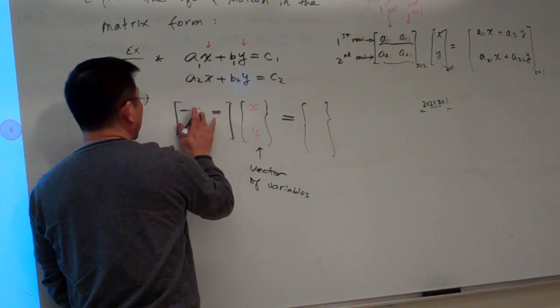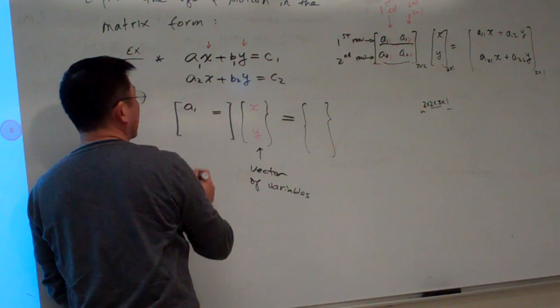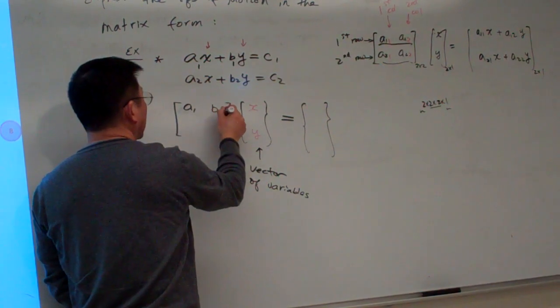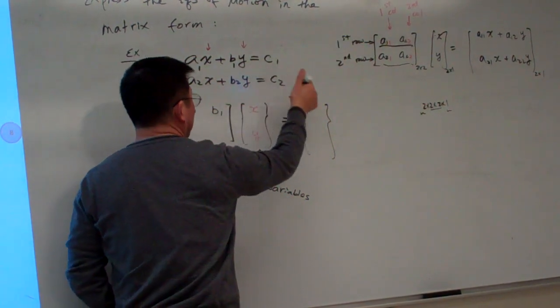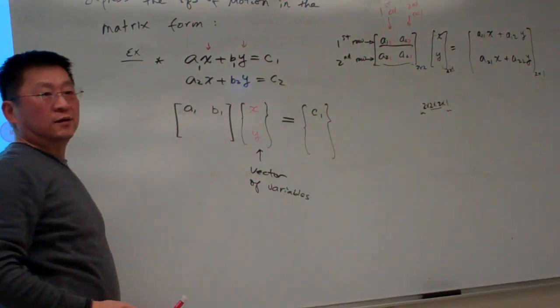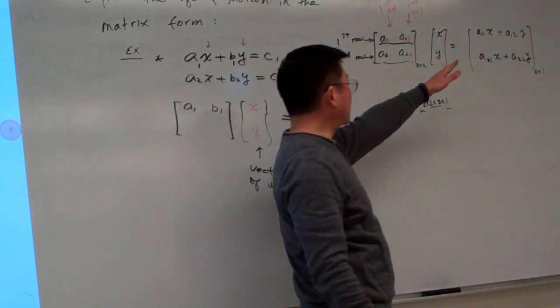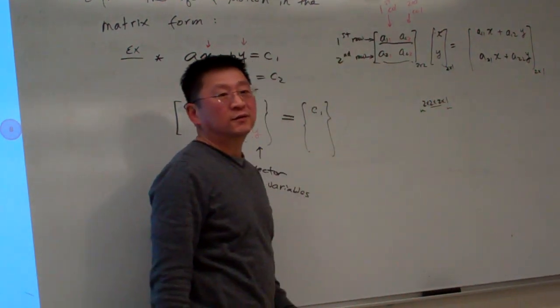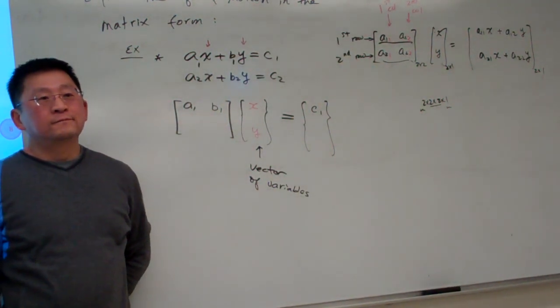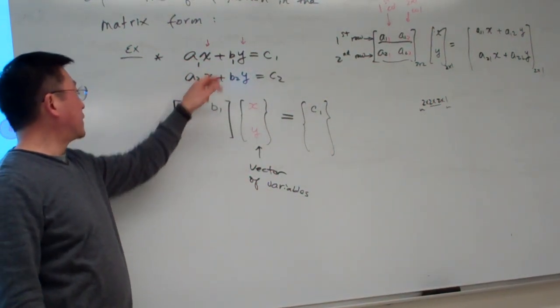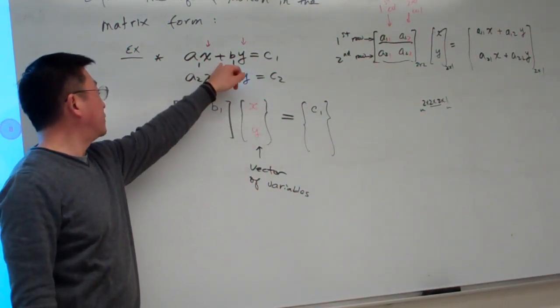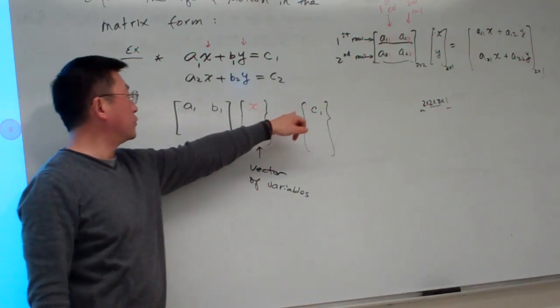That number is equal to a1, and this number equal to b1, and equal to c1 here. Right now I'm writing, simply a reverse process of the practice here. Okay? A1 times x plus b1 times y equal to c1.